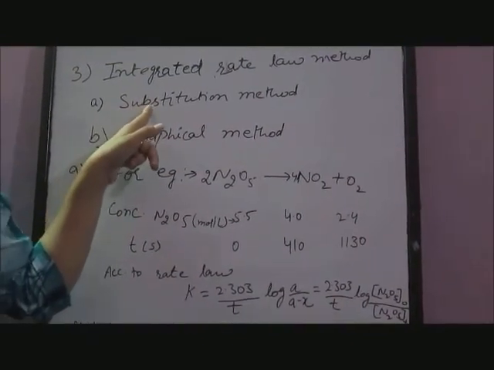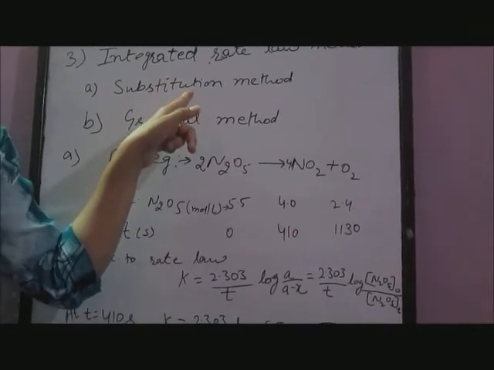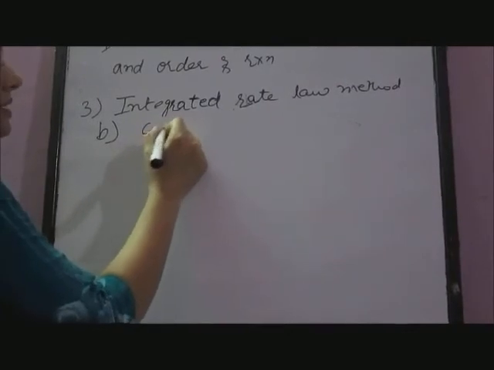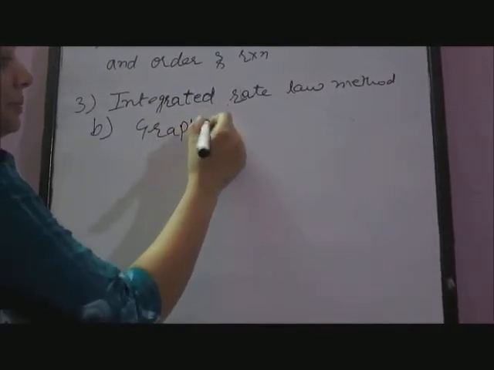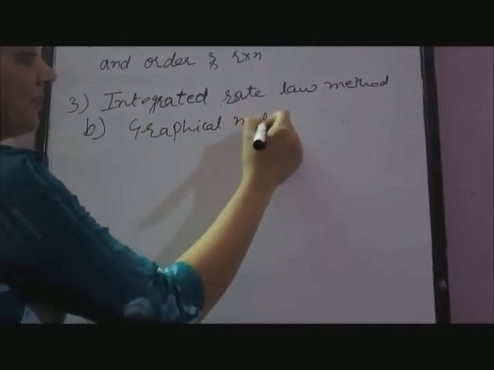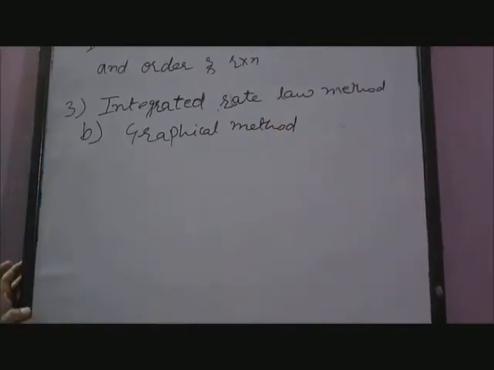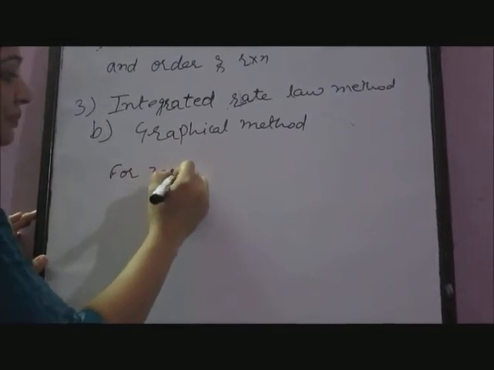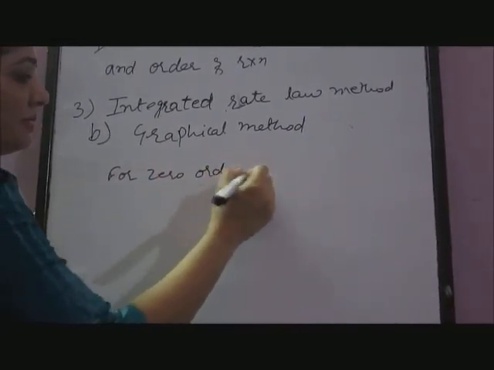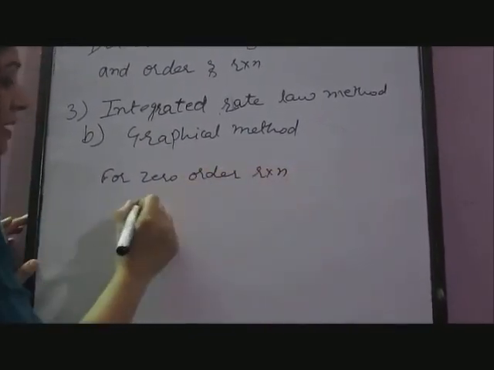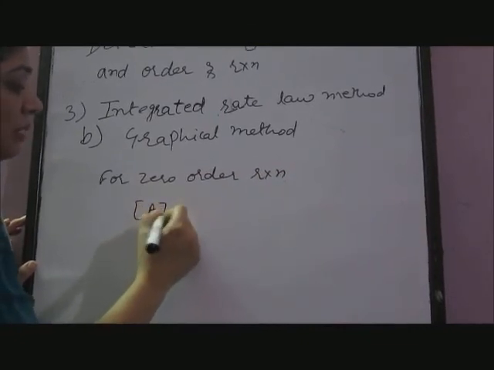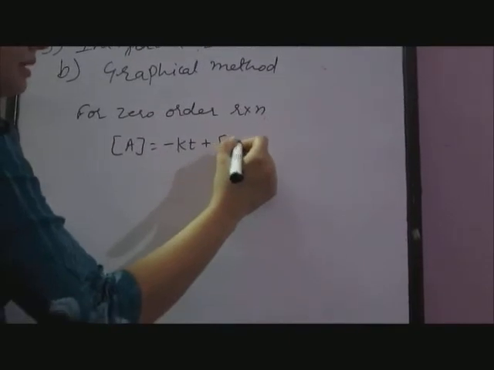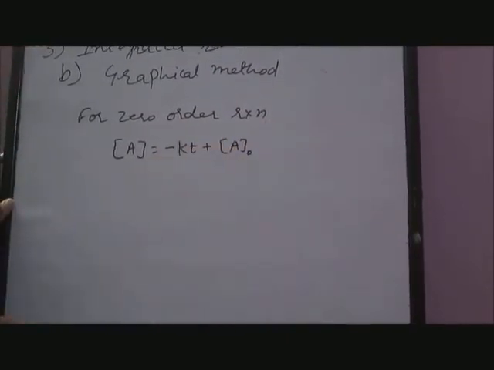The limitation of this method is that it is a hit and trial method. Next method is the graphical method. As we know, for a zero order reaction, concentration A is equal to minus Kt plus initial concentration.